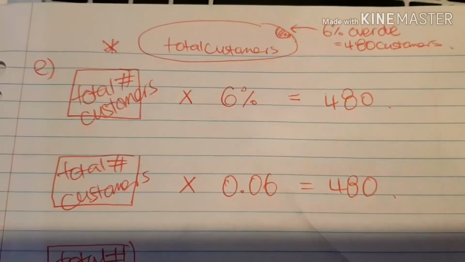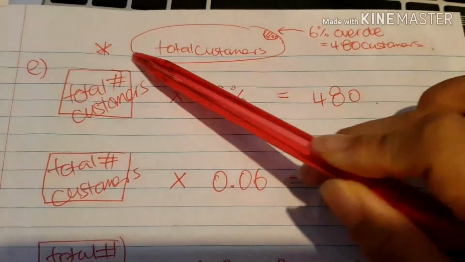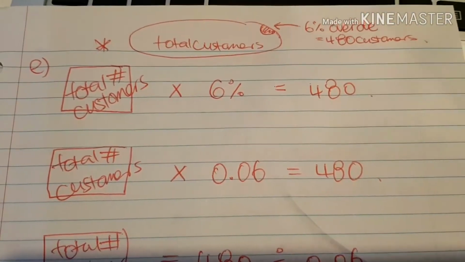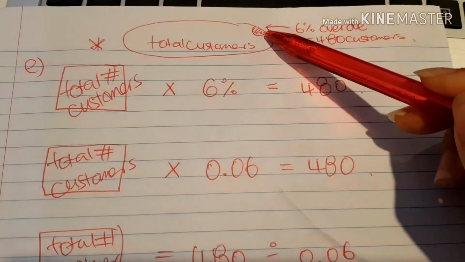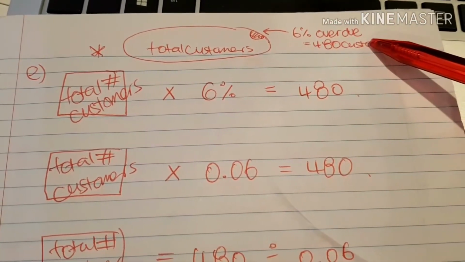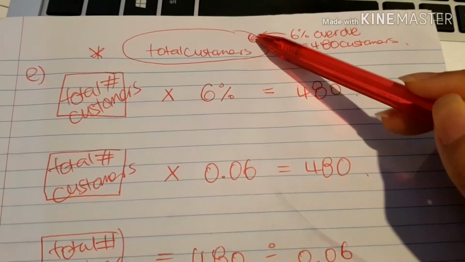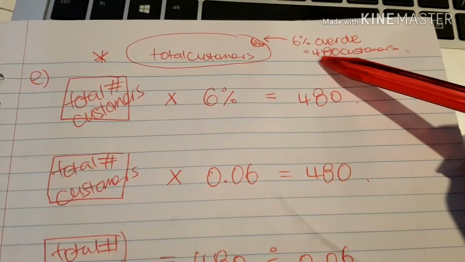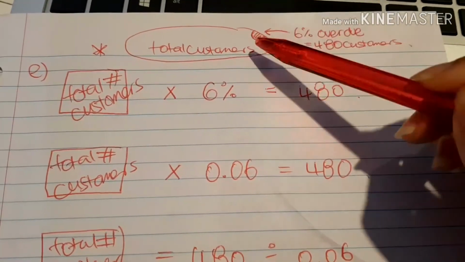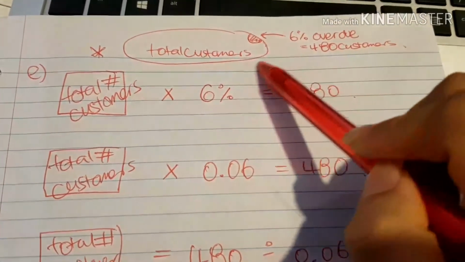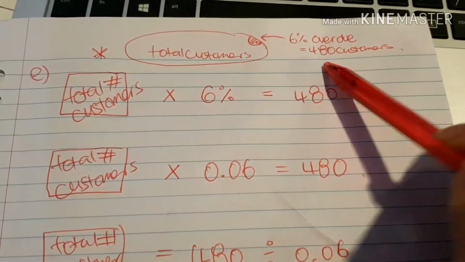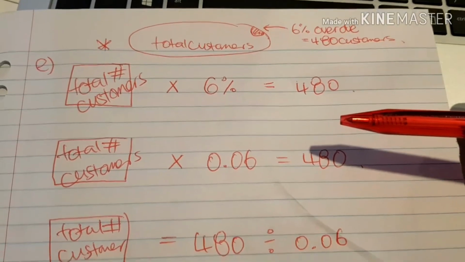From the entire customers, only this little 6% were overdue, and that 6% is about 480 customers. The question is, how many is the total customers if the 6% is 480 customers?